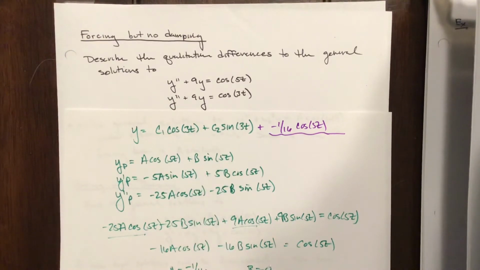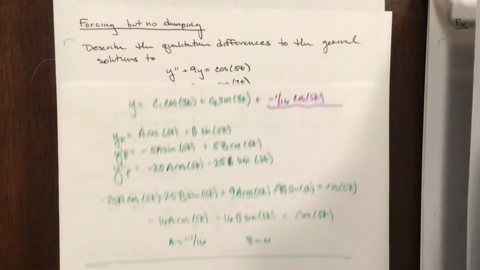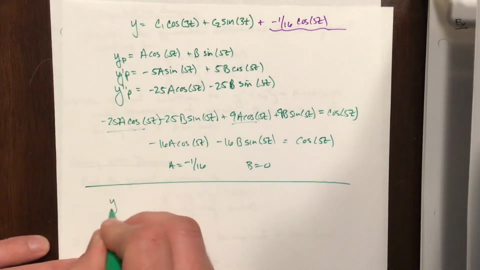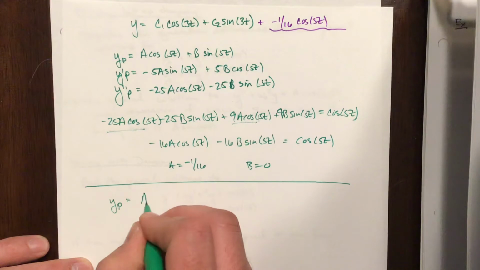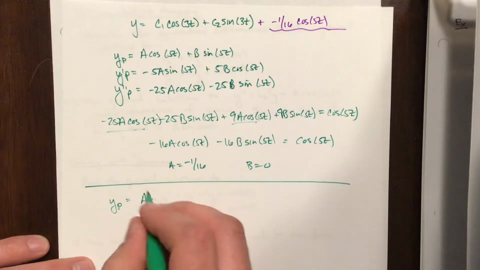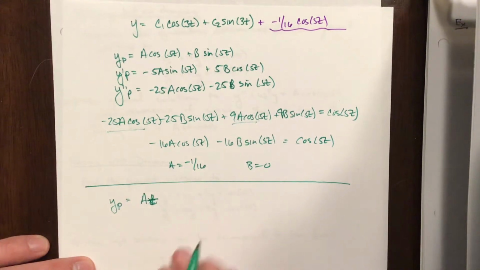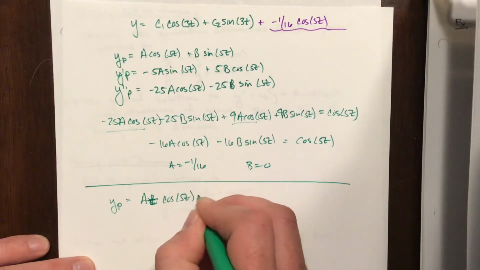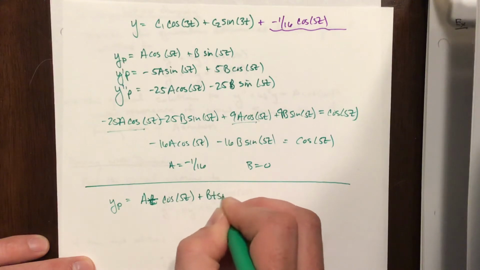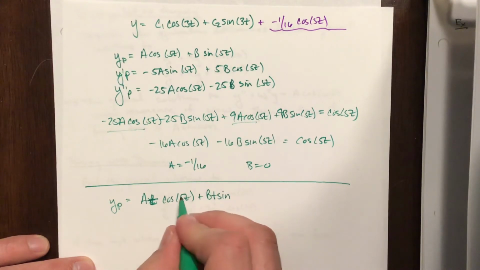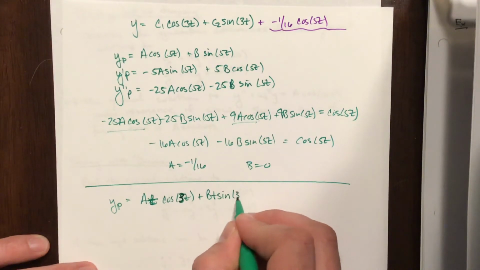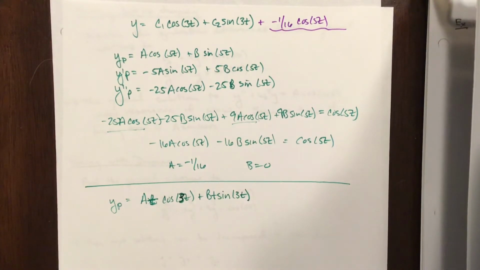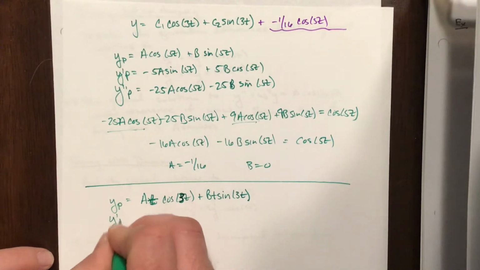So what we're going to do is adjust our particular solution to look like at cosine 3t plus bt times the sine of 3t. And we'll do the same process again. It's not a very fun one, I concede that.